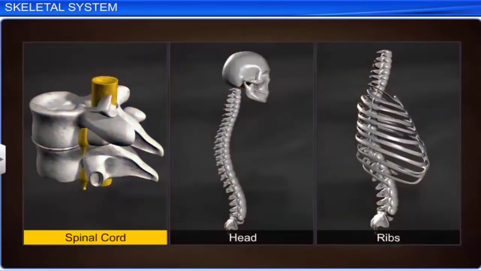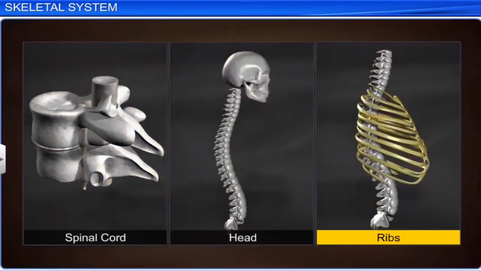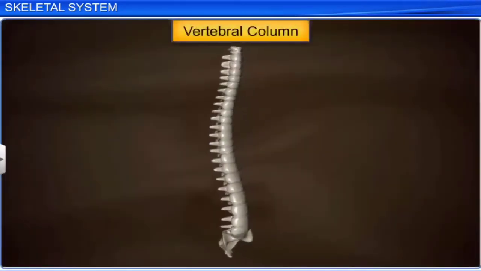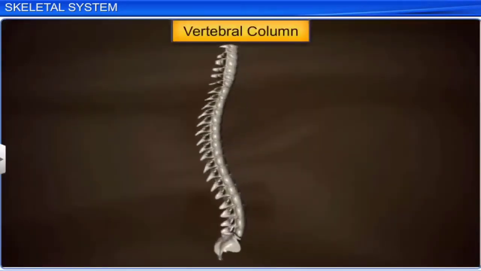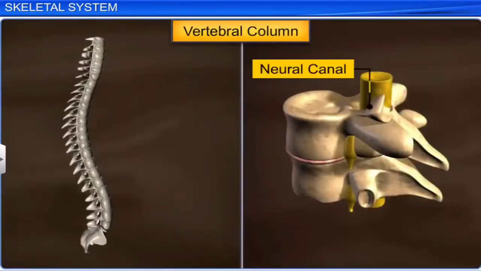It protects the spinal cord, supports the head, and serves as the point of attachment for the ribs. It consists of 26 differently shaped bones called vertebrae. Each has a central hollow portion called the neural canal, through which the spinal cord passes.